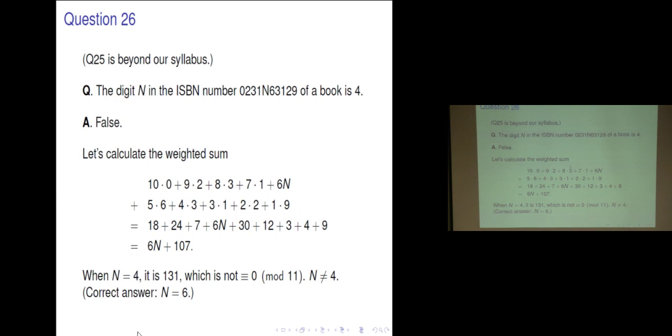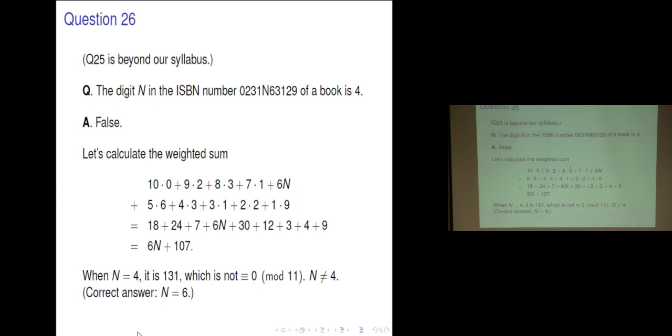Now, if this is a correct ISBN number, 11 should divide this. So it should be congruent to 0 modulo 11. Is it true? If I plug in n equal 4 here, so I get 24, so I get 131.